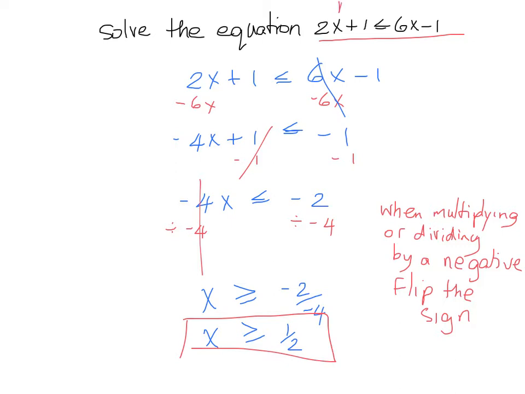If x is 1, on the left side 2x plus 1 gives us 3, and 6x minus 1 is equal to 5. It is true that 3 is less than or equal to 5. So therefore we know that flipping our sign was a good idea, and x is in fact greater than or equal to a half.